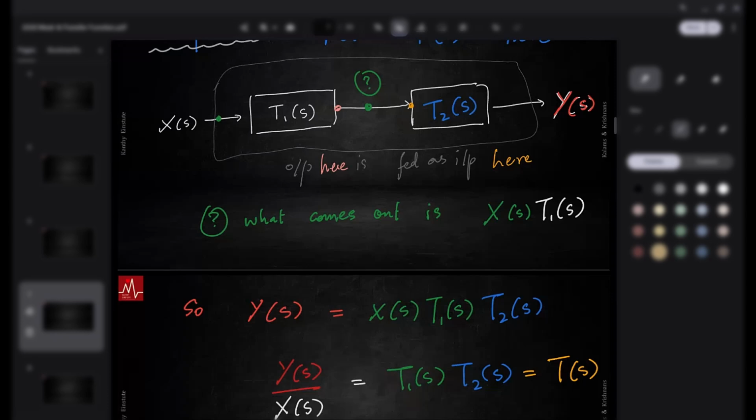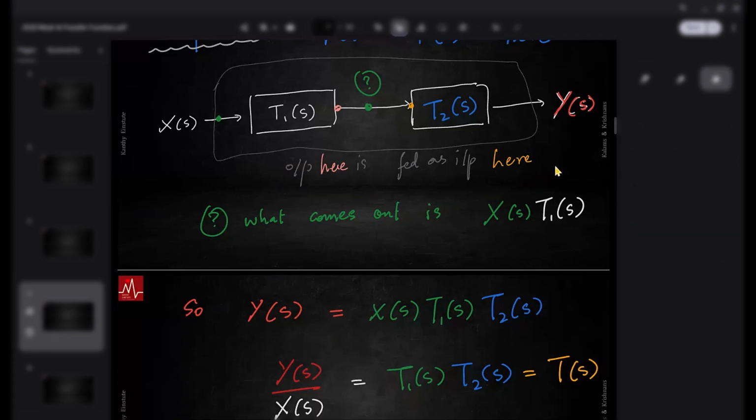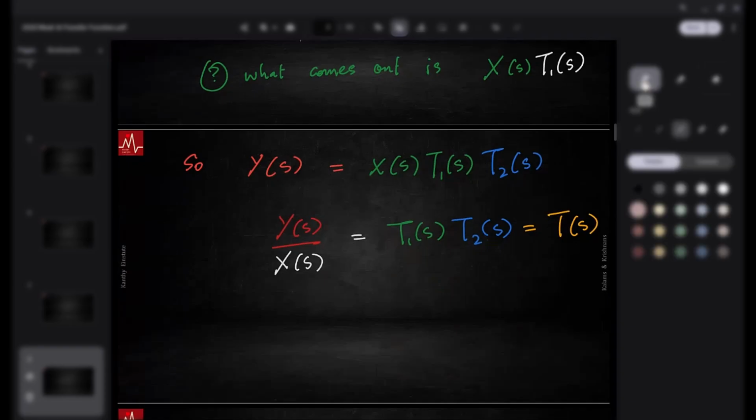A transfer function is always output at the top with respect to input. Technically, this operation is actually very complicated. Even in the time domain, that is a convolution. But very simply, this became a product. So the net transfer function is just a product.